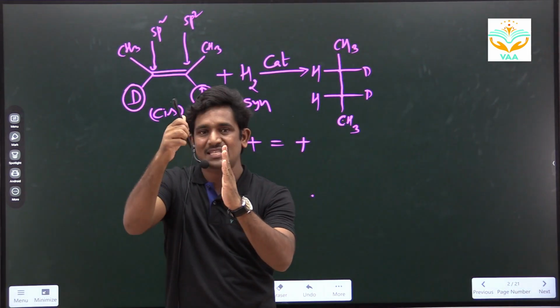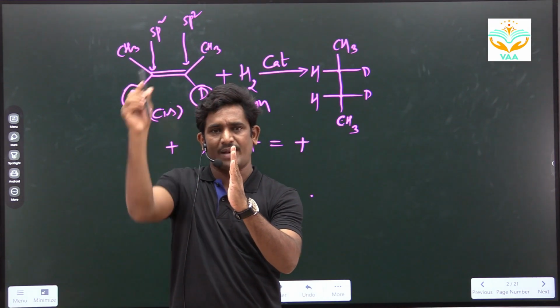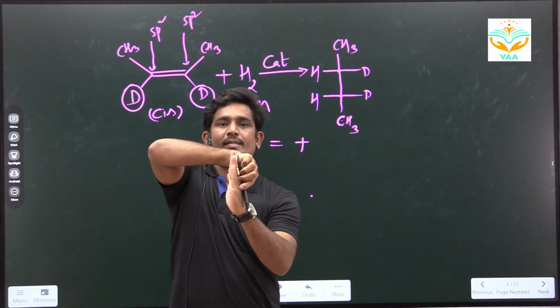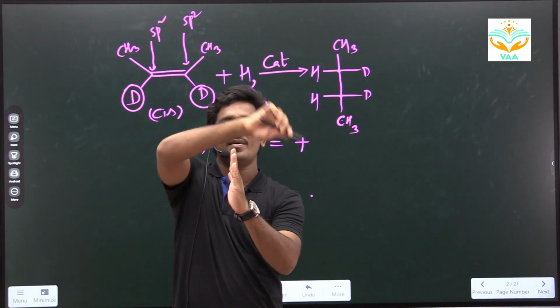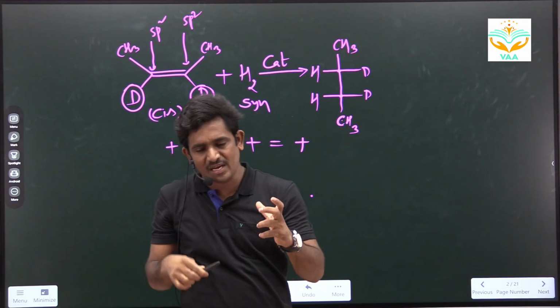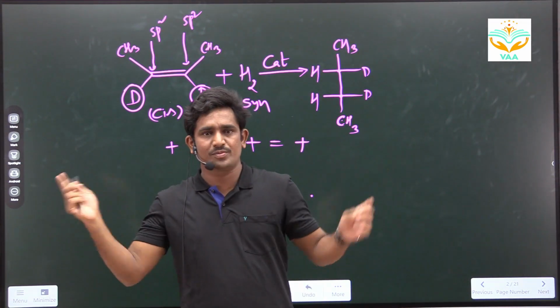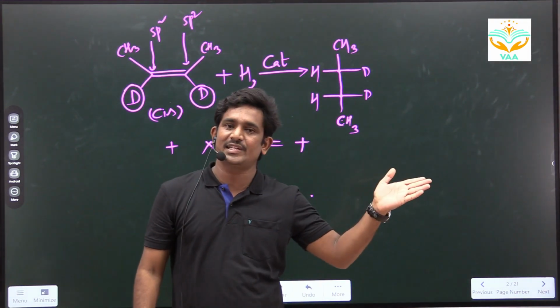This hydrogen gas can attack this alkene from both sides. It can attack from the right side, it can also attack from the left side. For example, imagine there is a big hall with two entries, one on the left side and one on the right side.